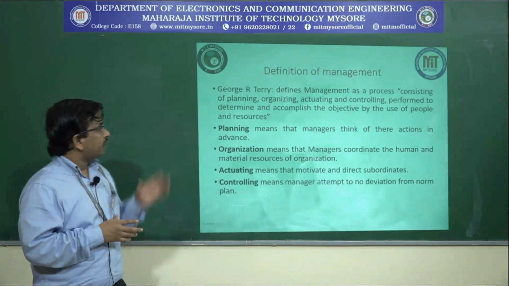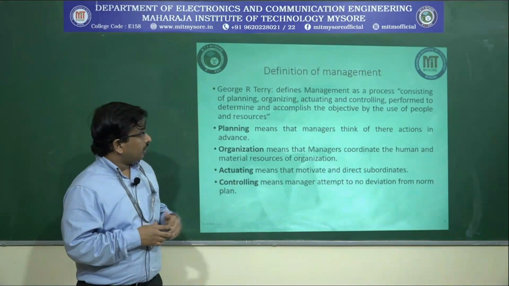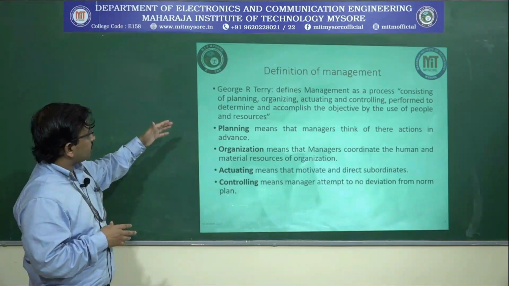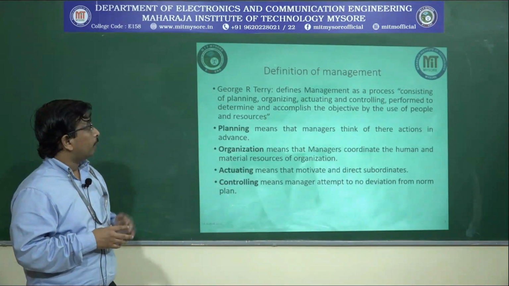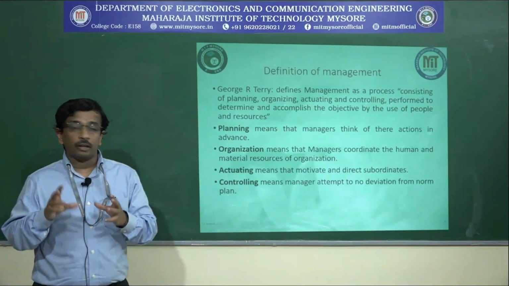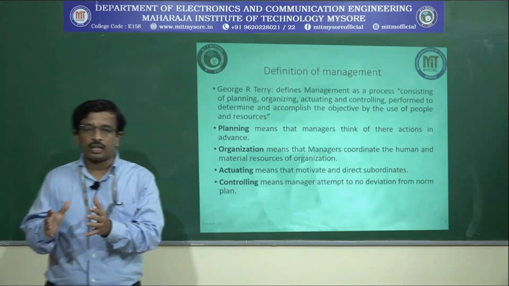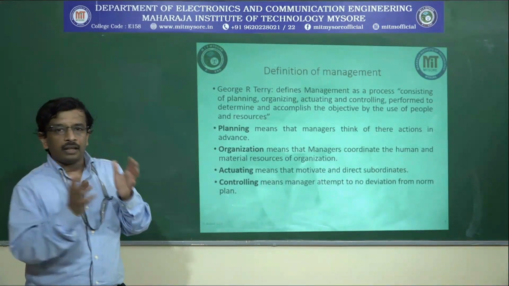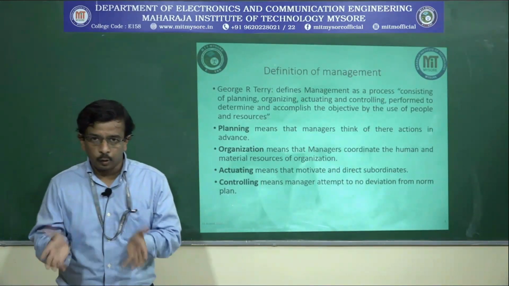By the book, what is the definition of management? According to George R. Terry, management is a process consisting of planning, organizing, actuating and controlling, performed to determine and accomplish the objective by the use of people and resources. You may give people many things, but if you do not teach them how to use them, it is of no use.